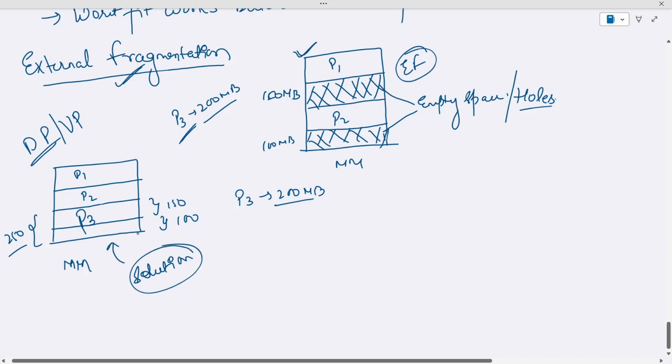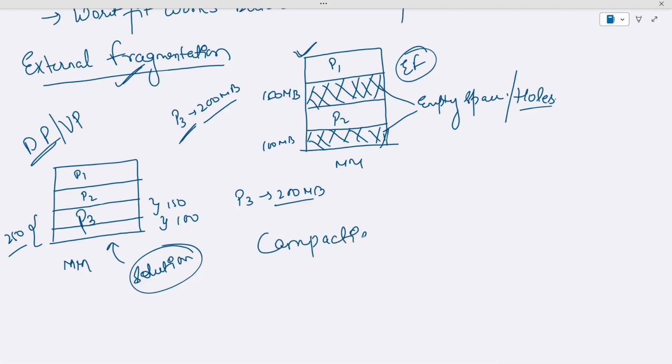Now this solution is called compaction. Compaction means we compress the occupied space and unoccupied space side by side. When we use dynamic partitioning, it definitely suffers from external fragmentation. Dynamic partitioning is a solution to internal fragmentation, but it suffers from external fragmentation.